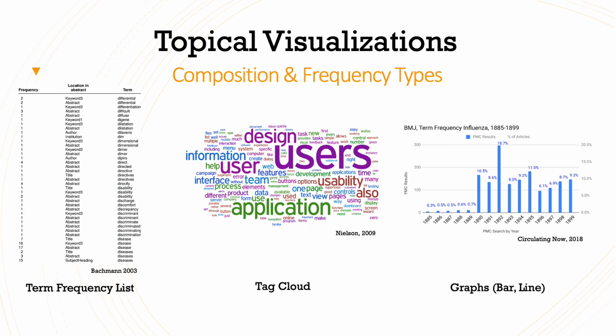Now we're going to take a look at some common topical visualizations. These examples on this slide are for composition and frequency types of topical visualizations. Our first and kind of the most basic is a term frequency list, which is just pulling the wanted terms out of a text corpus and listing their frequencies within the text and the location from which they came.